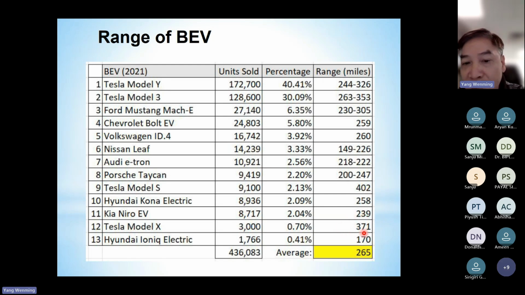The second best is the Tesla Model X, whose range can reach 271 miles. So the average range for all the electric vehicles is about 265 miles per charge.